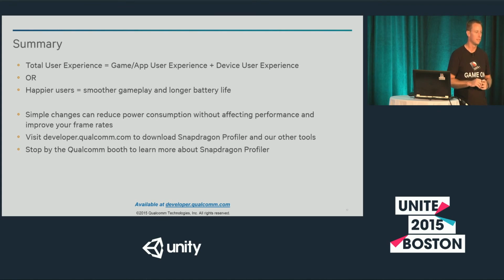How do you measure the total power consumption, or are you tapping on the battery voltage level? The question is, how are you measuring the battery power, the battery consumption? We're reading that information out of the hardware.